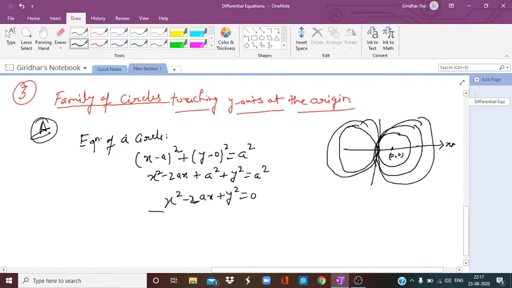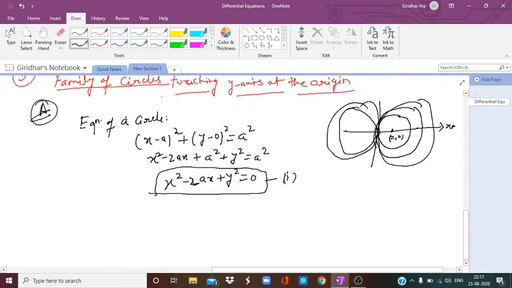See why I simplified till here, so that we will come to know how many arbitrary constants are in our equation, correct. That is why we expanded. The purpose of expanding this equation was that we finally have to see how many arbitrary constants we got. So what we observed here, we have only one arbitrary constant, which is a. So this equation we have to differentiate once only, correct.